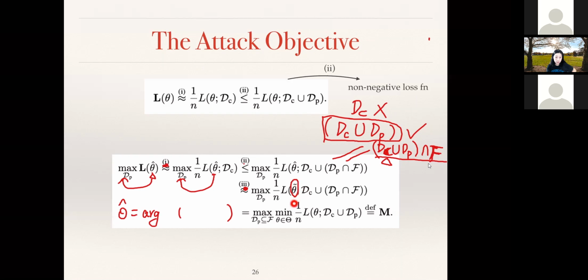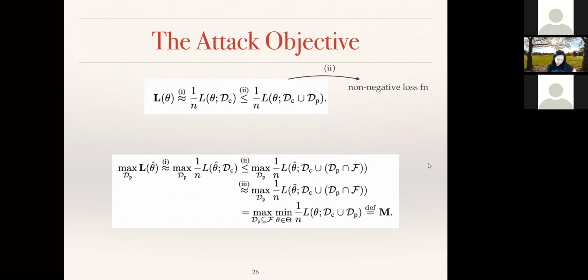There is a discrepancy between how you would train your theta, because what you would really do is something like this, but you're doing something like this. That's why the paper uses theta tilde instead of theta hat.